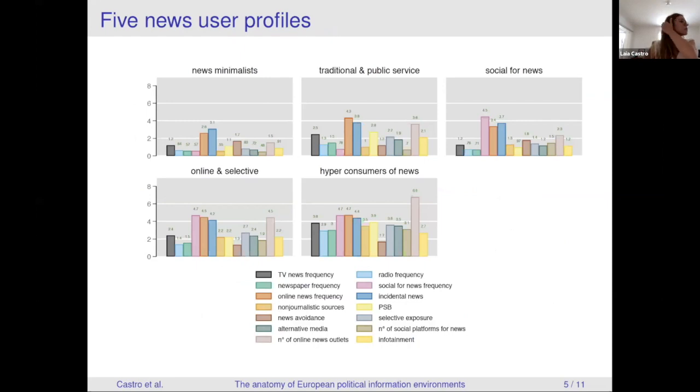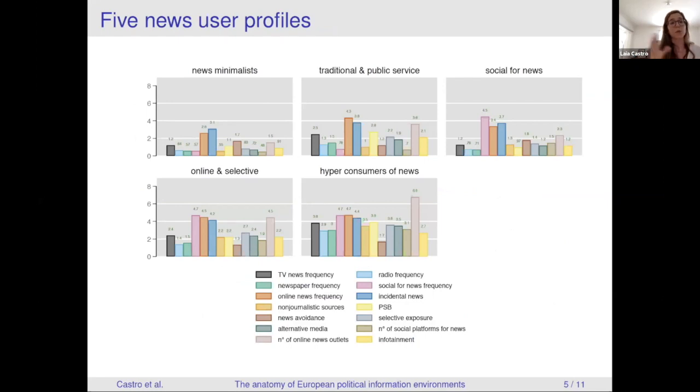This summarizes the first of our results, which is a description of the 5 news user profiles that we find. Details on model fit indicators and robustness checks can be found in the paper. So we came up with these 5 news user profiles along 14 different indicators attesting for these theoretically relevant dimensions that I mentioned at the beginning.